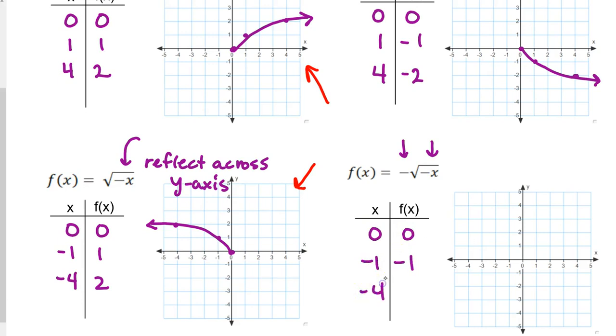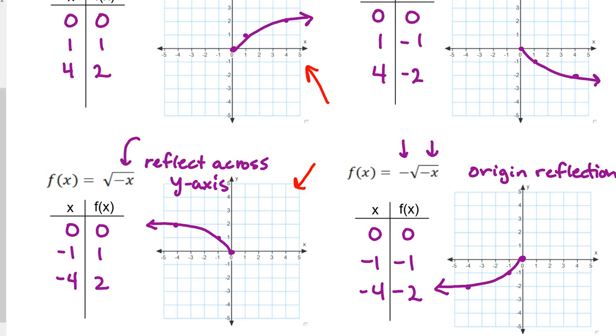If x is -4, the square root of the opposite of -4 is 2, and the opposite of that. So we have (0, 0), (-1, -1), (-4, -2). We have a graph that has been reflected both across the x-axis and the y-axis, and we actually call that an origin reflection. It kind of looks like you took the graph and you spun it about the origin 180 degrees.